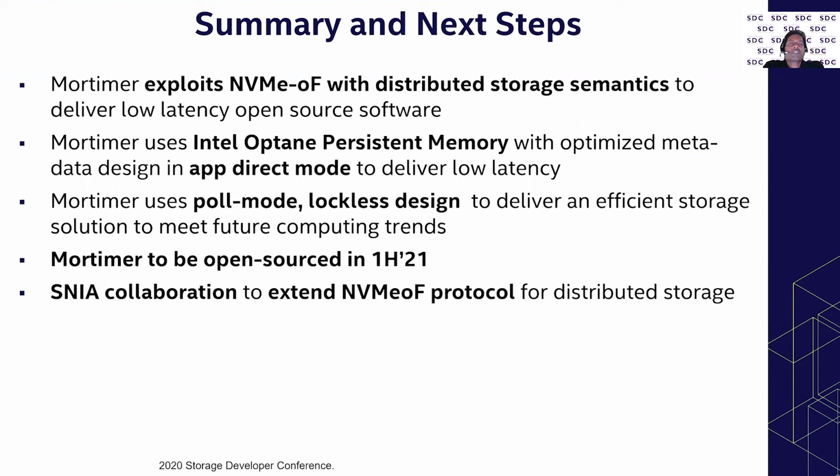So just in summary, Mortimer uses the NVMe over Fabrics with some extensions to get to the distributed storage semantics. I briefly talked about connecting to the storage node requires NVMe client side changes. If you really want to shard it across the cluster with dynamic binding to the storage node for any shard in a volume, you need a custom driver.